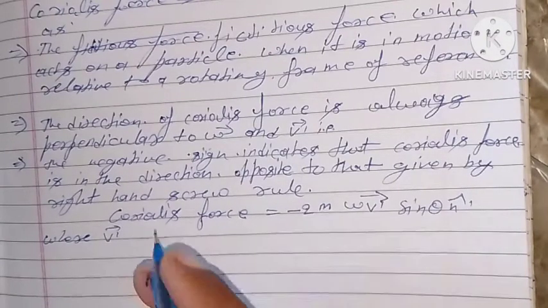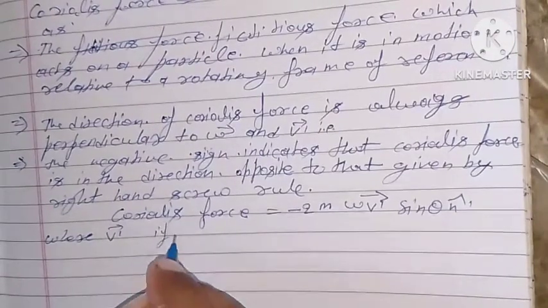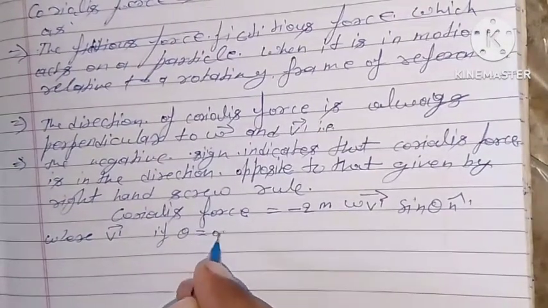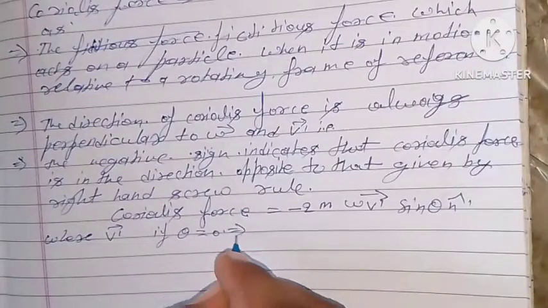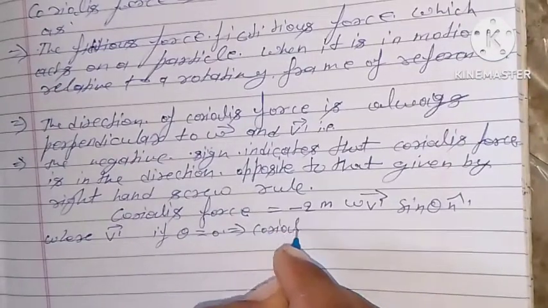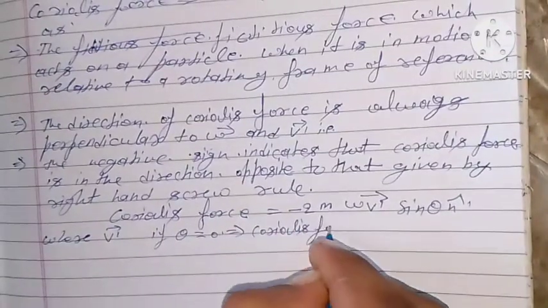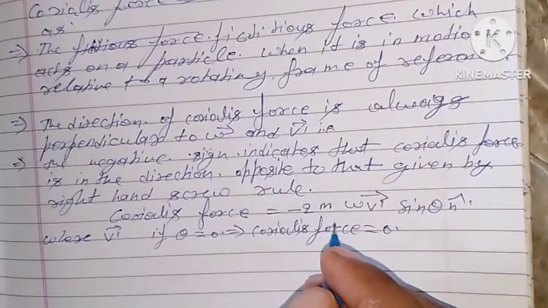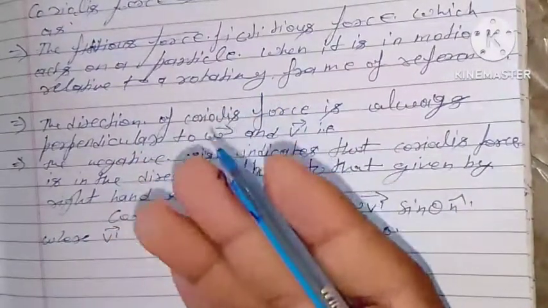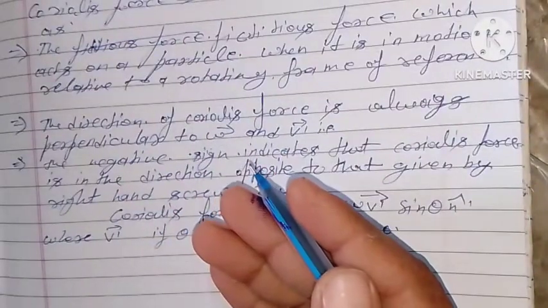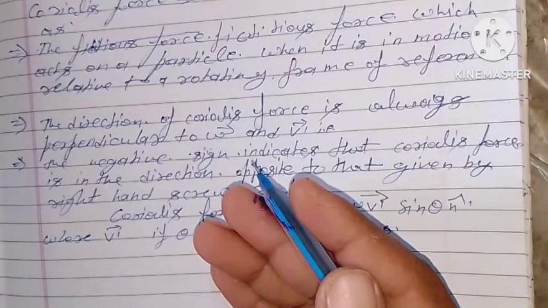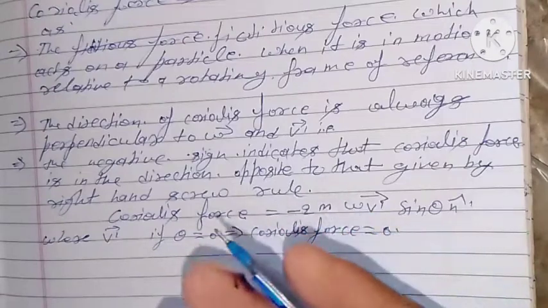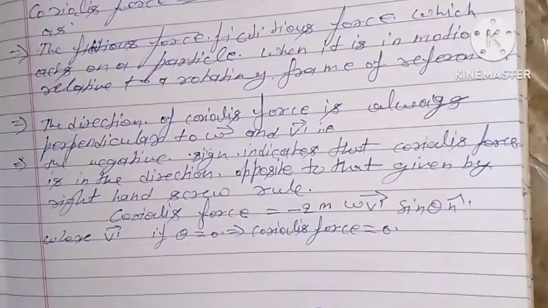If theta equals 0, then Coriolis force equals 0. This is so when the angular velocity vector of the rotating frame and the linear velocity of the particle relative to the rotating frame are parallel.